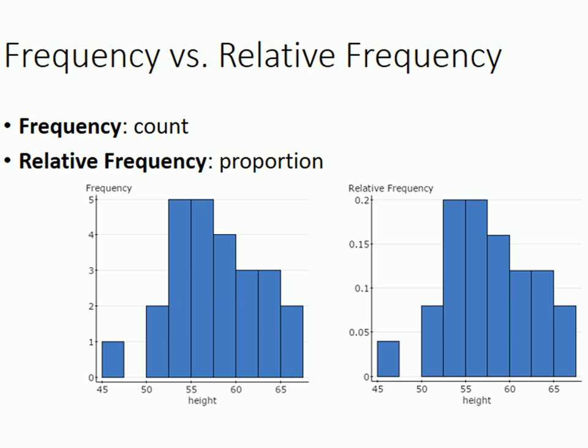The other thing I want to mention about data is whether we're looking at the frequency of data or the relative frequency. And here I'm showing two histograms, and they look almost identical. The one difference is the axis on the left. You can see on the first histogram, we're charting the frequency of various observations of data.